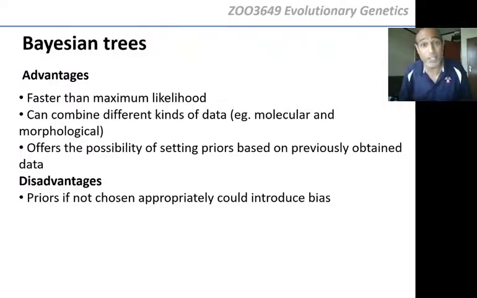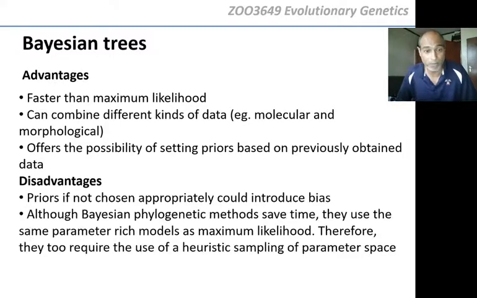Likelihood will find it eventually, but Bayesian will never find it. That is a big disadvantage of Bayesian. You got to be very, very sure about these priors, about the prior information that you think you know before the analysis. Because if you're not sure, better do a likelihood, because Bayesian will give you the wrong answer, the wrong tree.